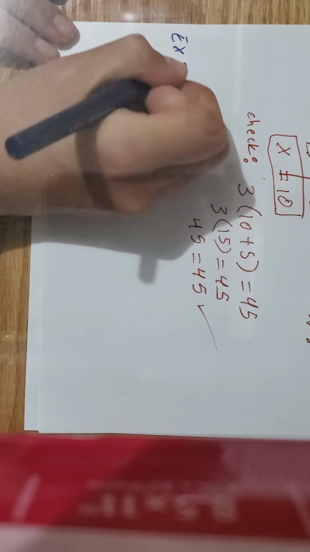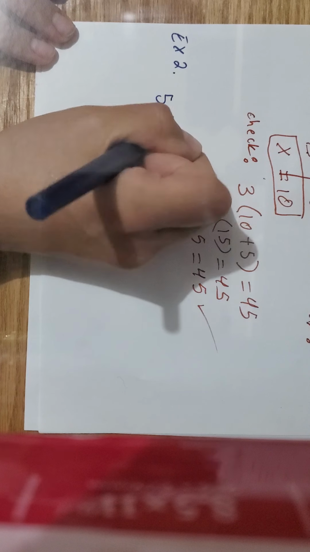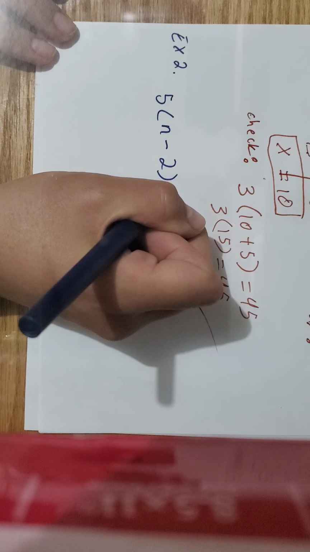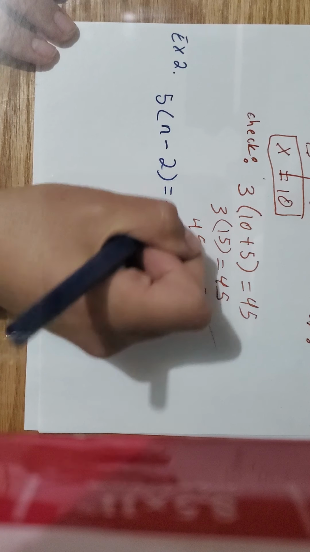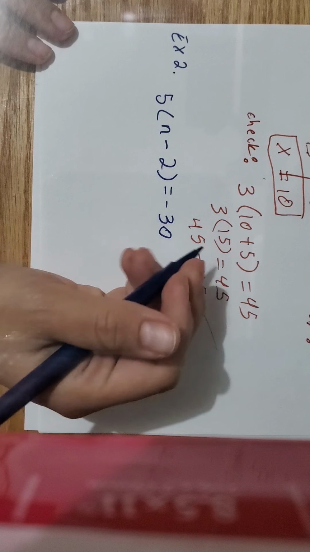Example 2. 5(n - 2) = -30. Okay, same situation, distributive property.